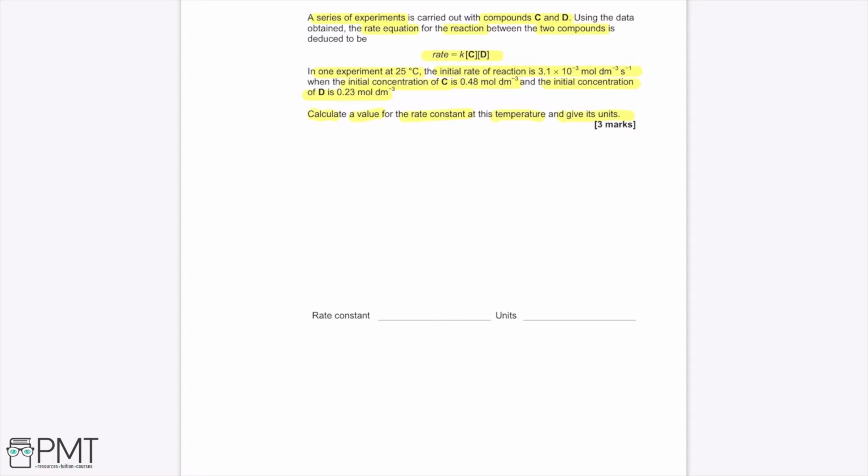So if we write out what we are told in the question, we know that the rate equals K multiplied by the concentration of C multiplied by the concentration of D. We can then substitute in values that we know. So we know that the rate is equal to 3.1 times 10 to the minus 3. We don't know a value for K, but we do know that the concentration of C is 0.48 and the concentration of D is 0.23.